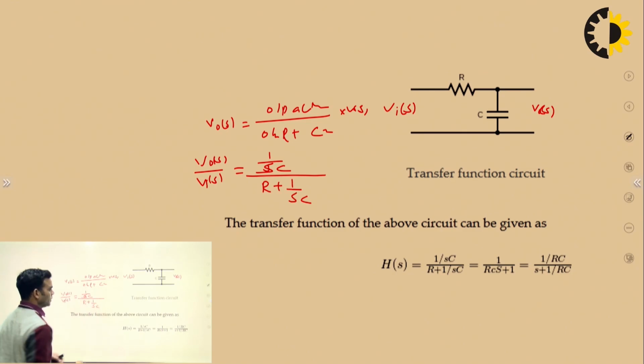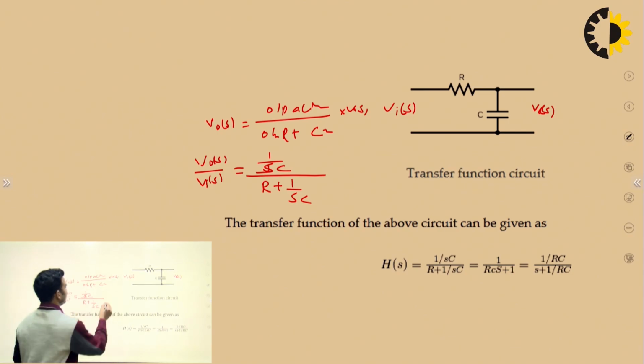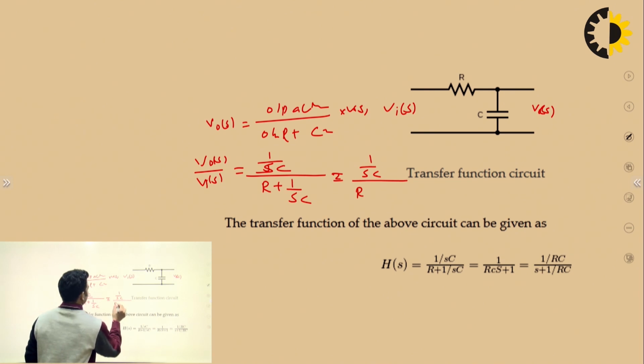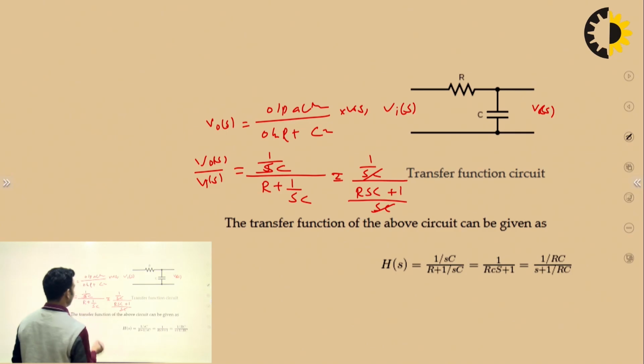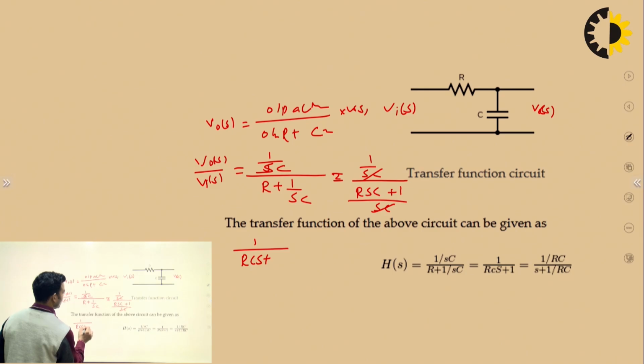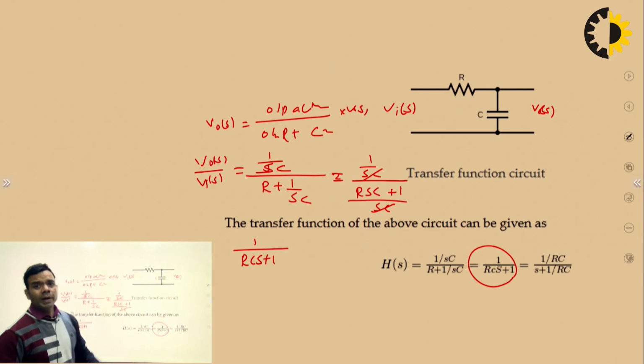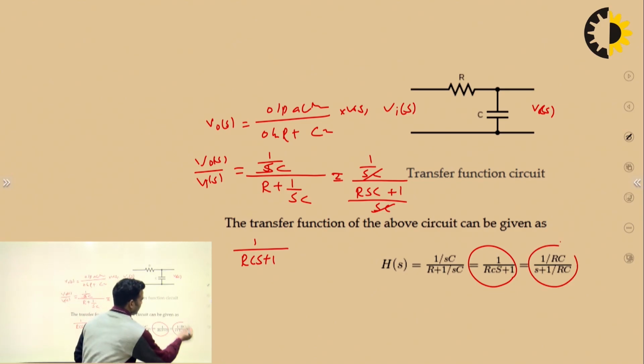Take LCM and then we can solve: 1 upon SC, upon (RSC plus 1) upon SC. SC will cancel out. We will get 1 upon RCS plus 1. Divide both numerator and denominator by RC. We will get this.